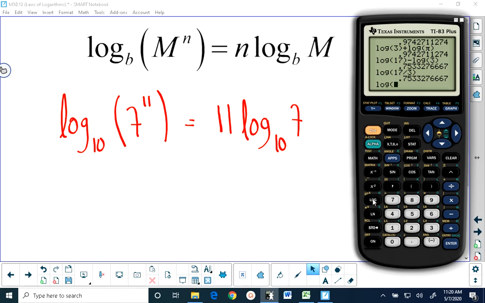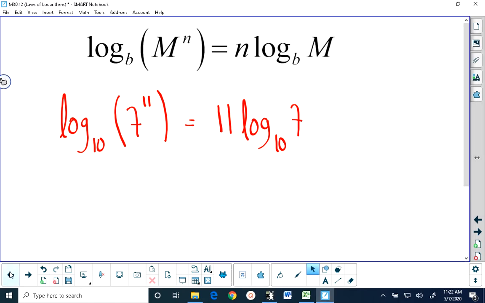So log base 10 of 7 raised to the 11 gives me 9.296. 11 multiplied by log base 10 of 7 gives me 9.296. They're equal to each other. And that's the meaning of the power law.